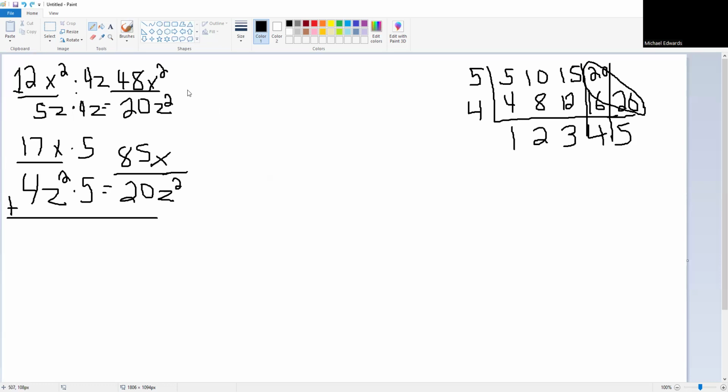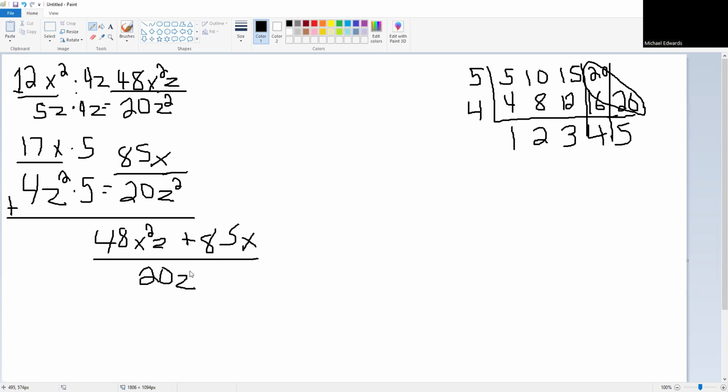Oh, goodness. I cannot write z's, but that's supposed to be a z. All right. Now that we have that, we can do our addition. So our addition would be 48x squared z plus 85x over 20z squared. And that's the answer.